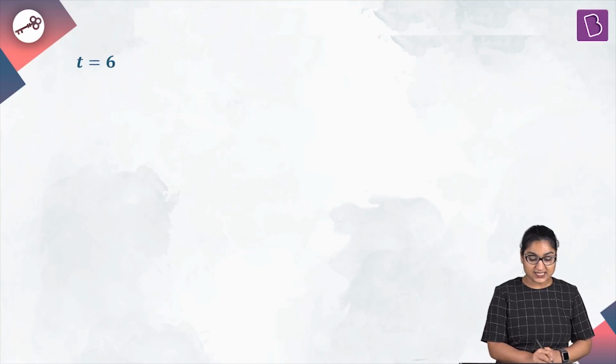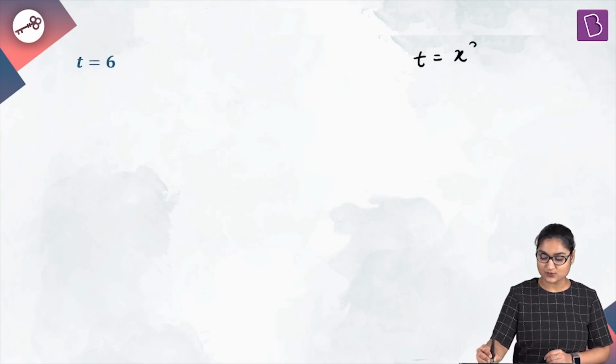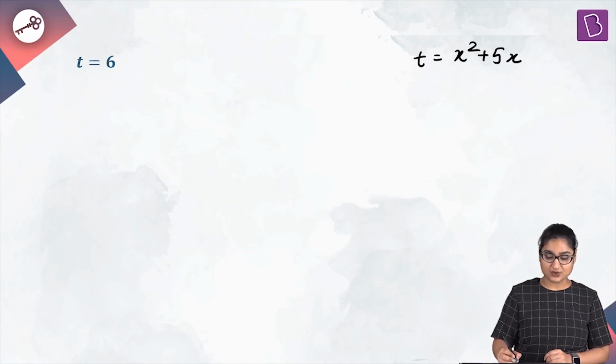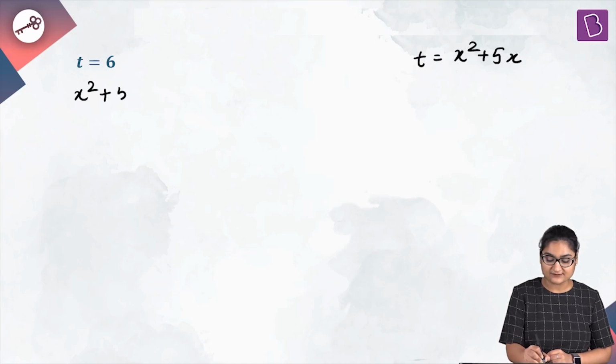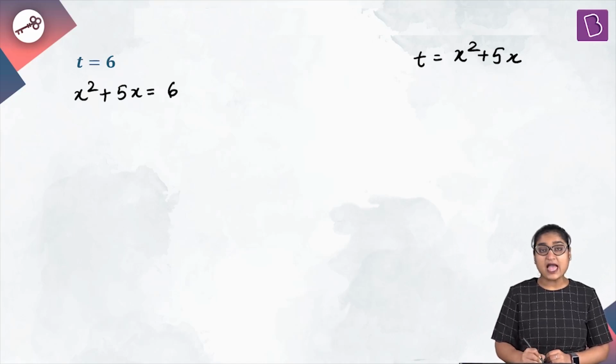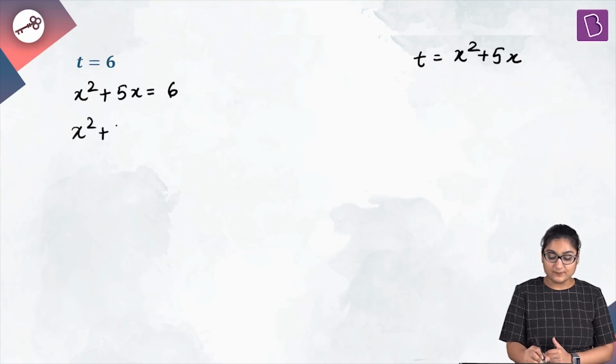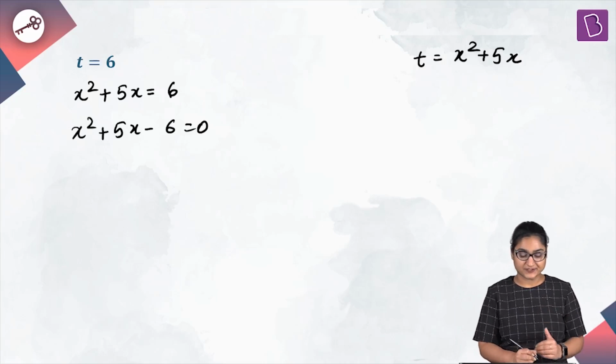Alright. Now let's take the other value of t, which is 6. We know t is equal to x square plus 5x. So if I put t is equal to x square plus 5x in this equation, I'll get x square plus 5x is equal to 6. And if I take 6 from right hand side to left hand side, I'll get x square plus 5x minus 6 equal to 0. Let's calculate d for this equation.